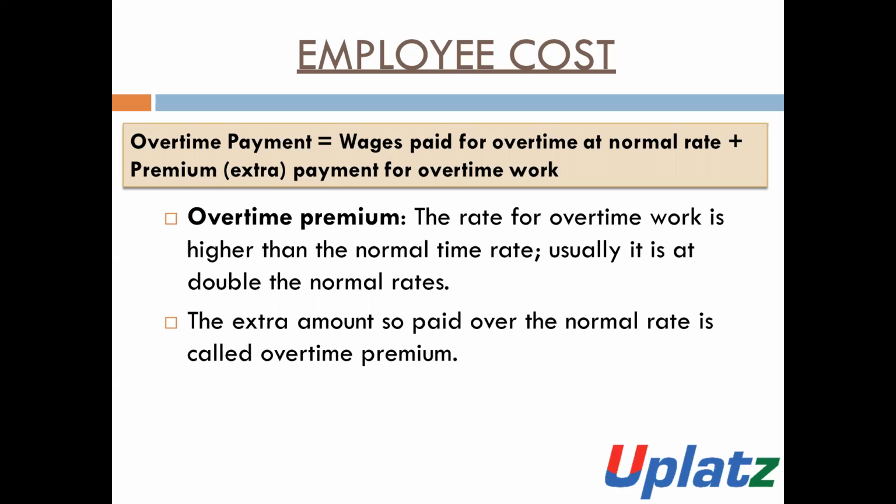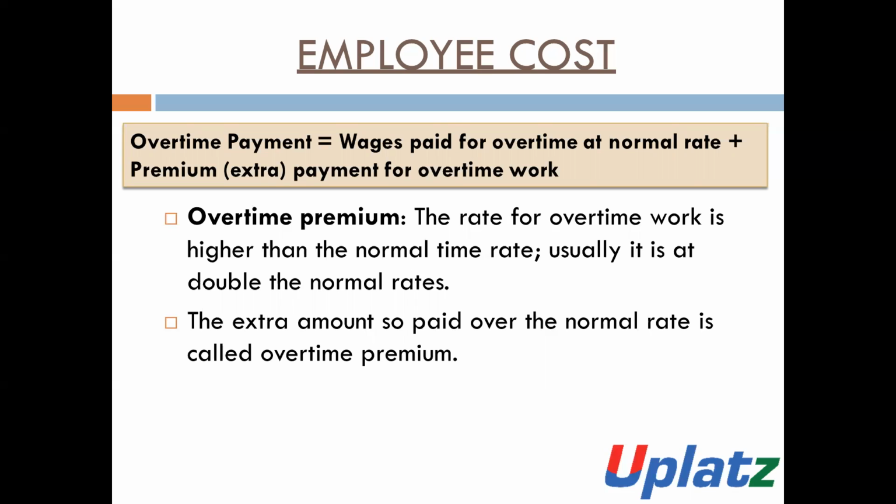What is the meaning of overtime premium? The rate for overtime work is higher than the normal rate, usually double. The extra amount so paid over the normal rate is called overtime premium.